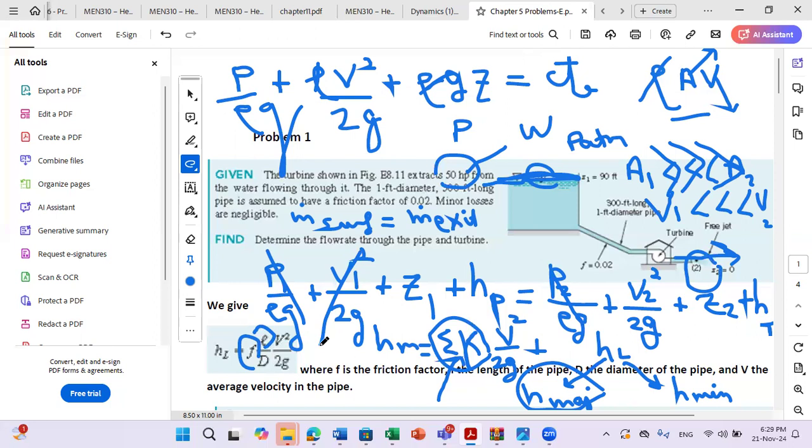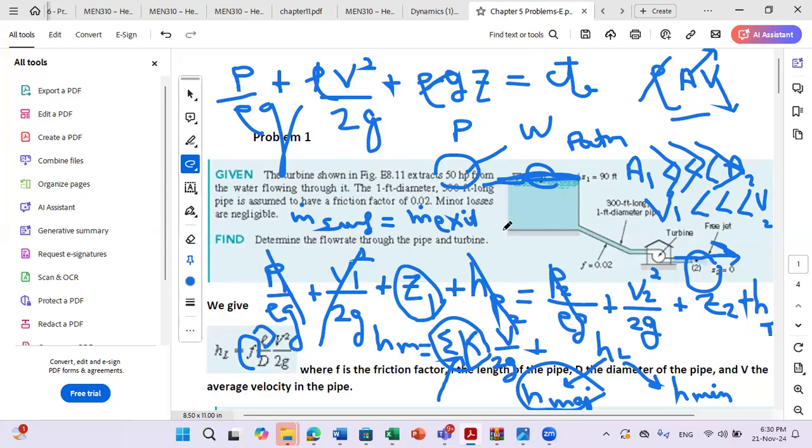Okay? Now, since we don't have any pump in this system, HP is 0. So we are just left with Z1, which represents the elevation of your water. Of course, you need to consider a certain reference.